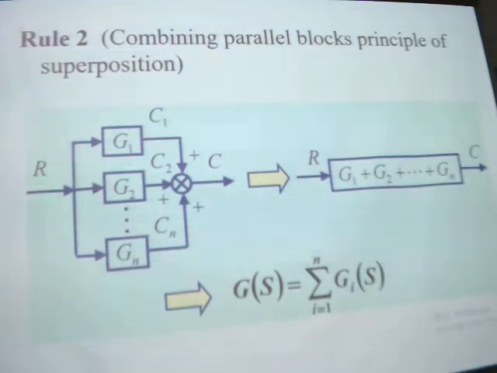So if the blocks are parallel to each other, then the transfer function of the complete system is the sum of the blocks.